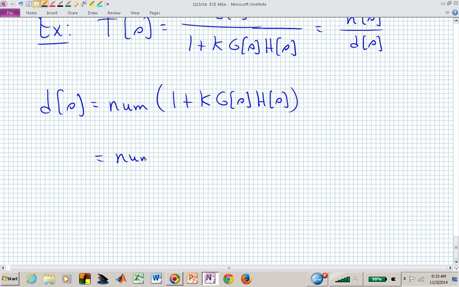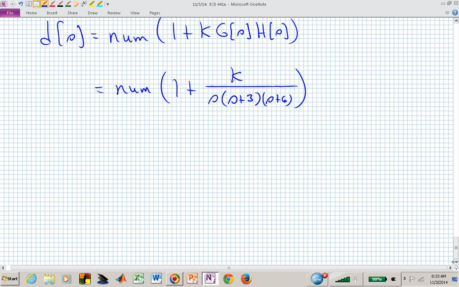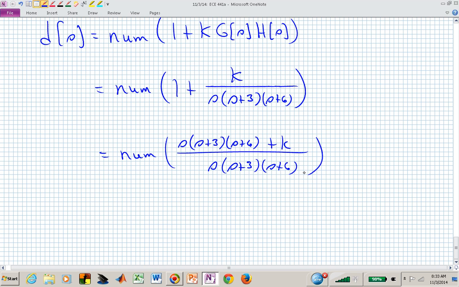This now says that I'm interested in the numerator of 1 plus k, for our example, s plus 3, s plus 6. Or I'm really saying put all of that over a common denominator, pull out the numerator of that ratio of polynomials, and that's what I'm going to be using because that governs my closed loop poles.